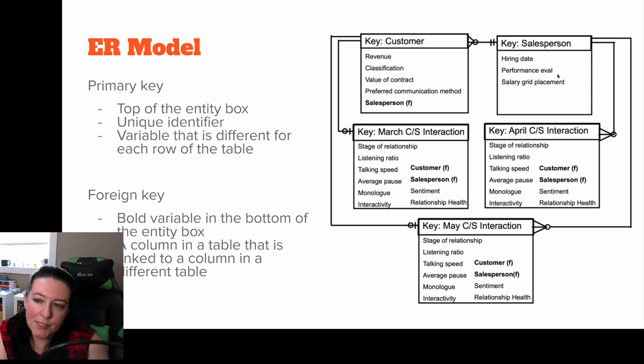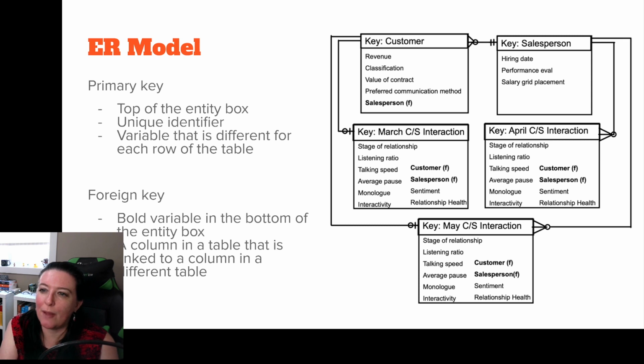And our salesperson table has information about their hiring date, their performance evaluation, where they placed on the salary grid. But the unique identifier here is the name of the salesperson. Then we have these other tables where we look at March interactions, May interactions, April interactions. Now, the unique identifier for these tables is actually a combination of two variables.